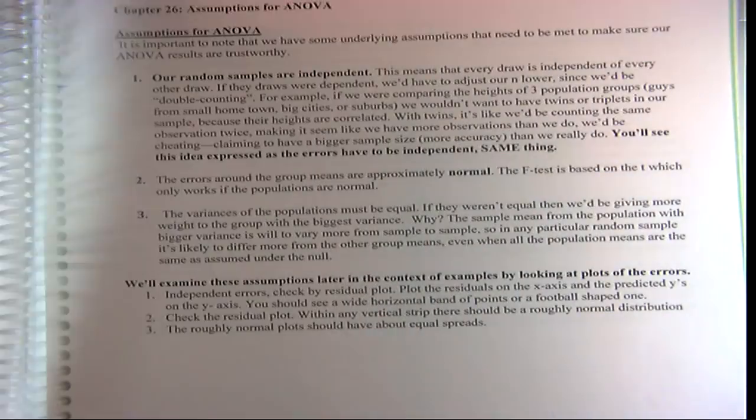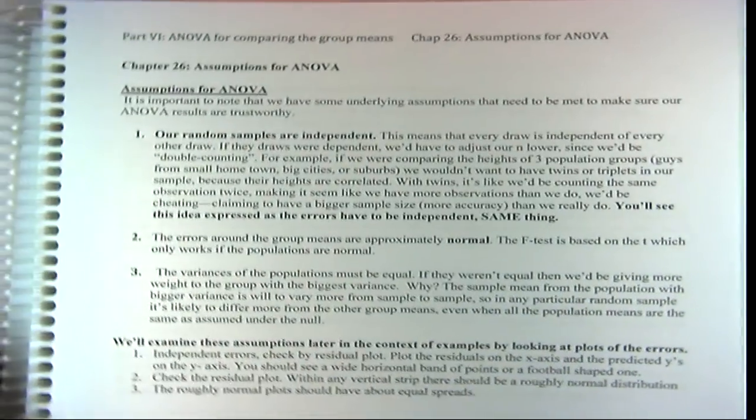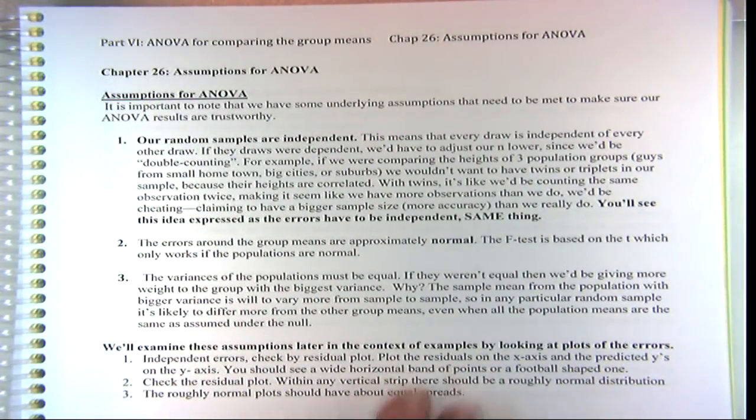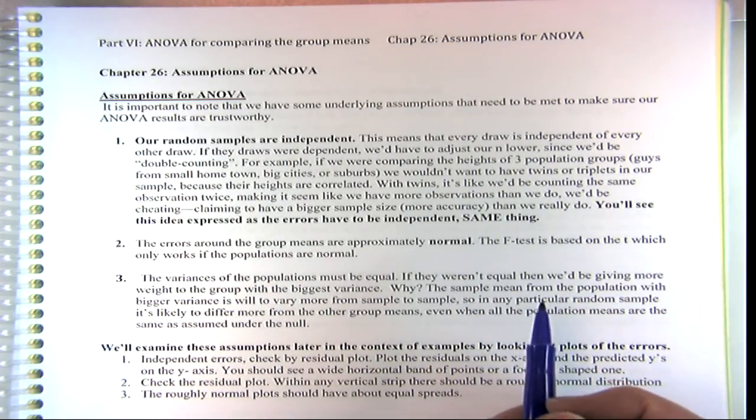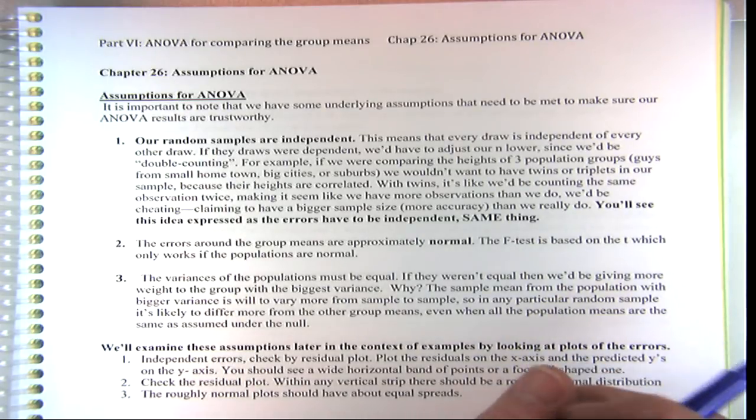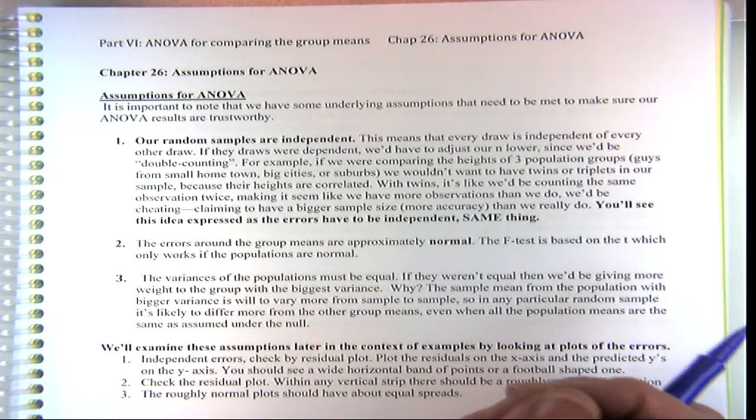All right. So now we're done with that. And the assumptions for ANOVA, I don't think we have to go through them because ANOVA, as you saw, is a special case of regression, where the X predictor is a categorical variable. That's all it is.